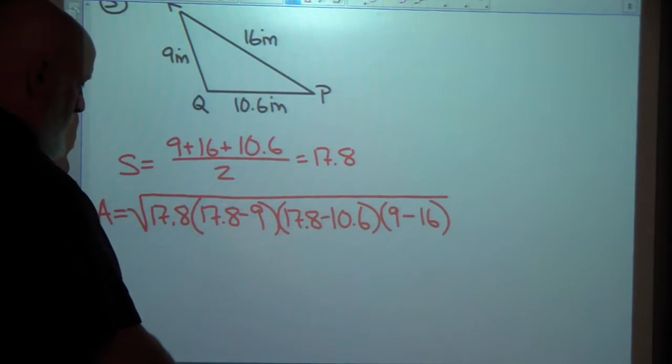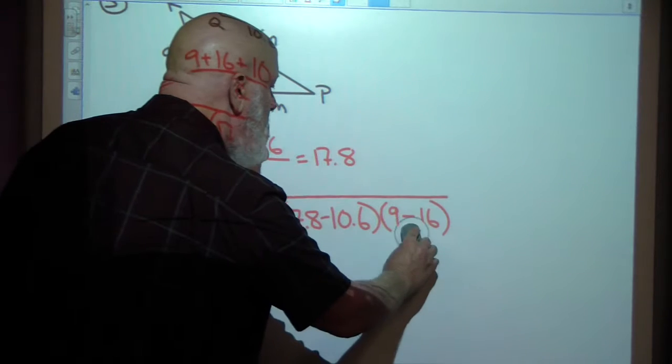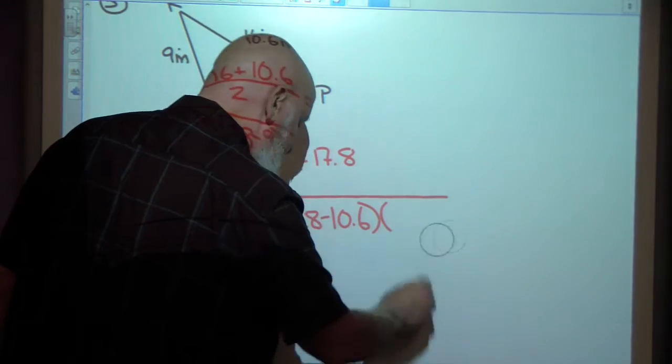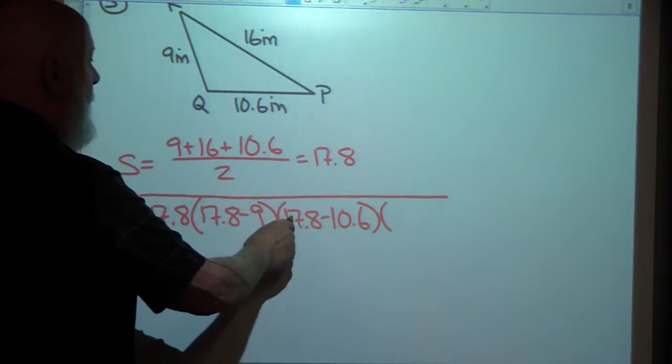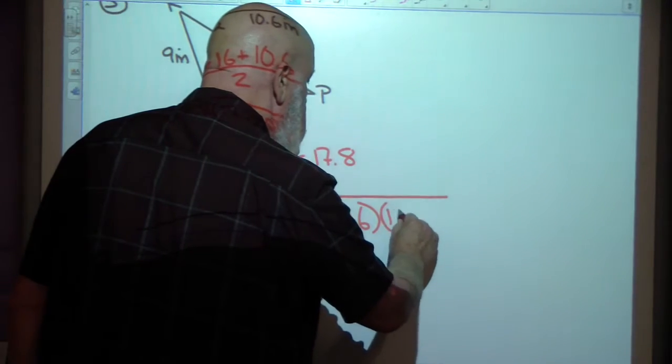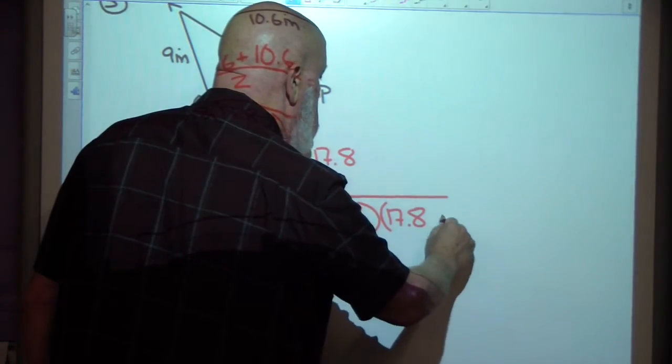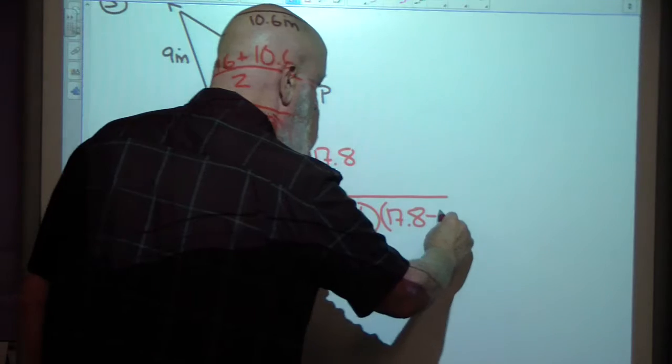Oops. Where that came from, I was thinking something and wrote the wrong thing. S is 17.8. Just goes to show you what happens when your brain gets old. 16.